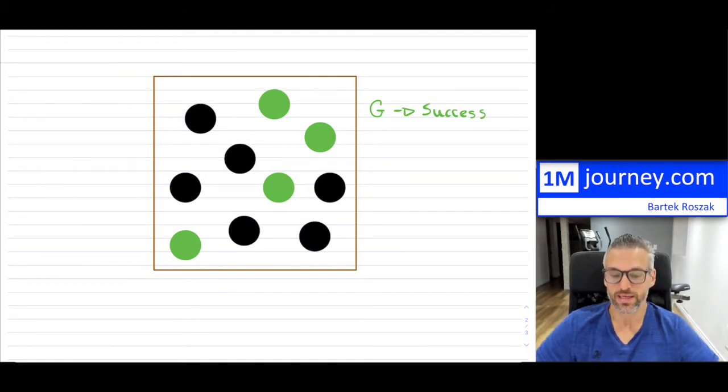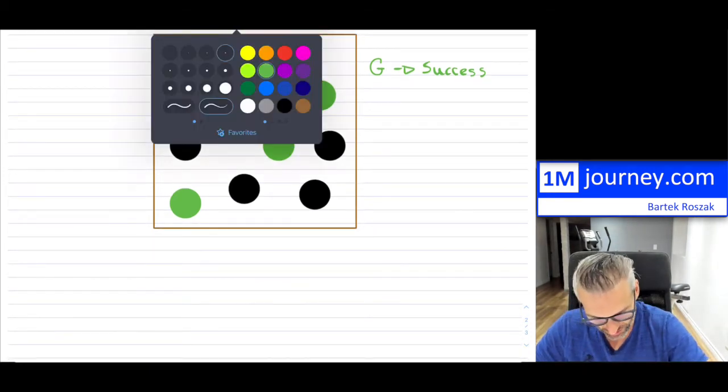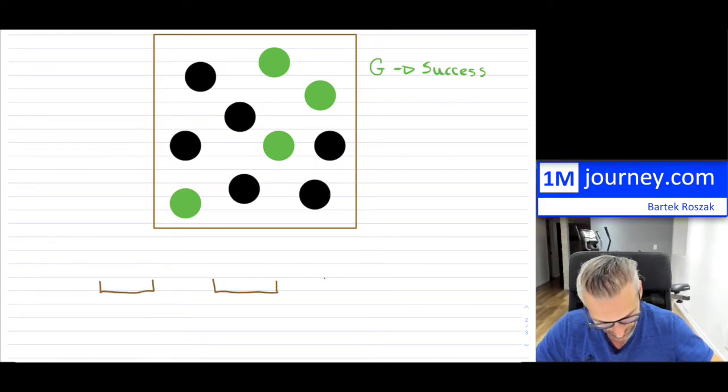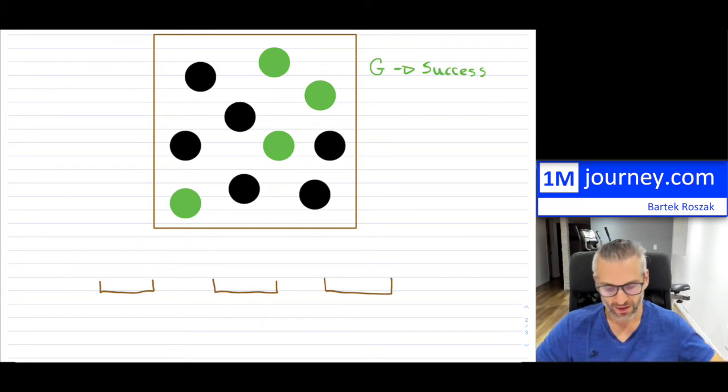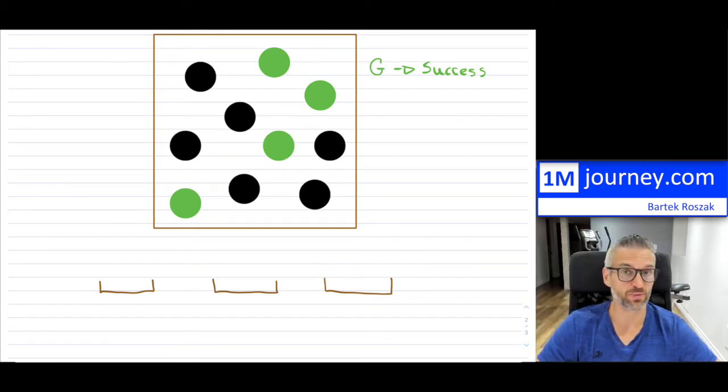Now let's imagine that we're going to pick, and I'm just picking this out of the blue, 3 times out of this box, but we're not going to be replacing the balls. If we don't put them back in, then the probability changes every time we lift out a ball.